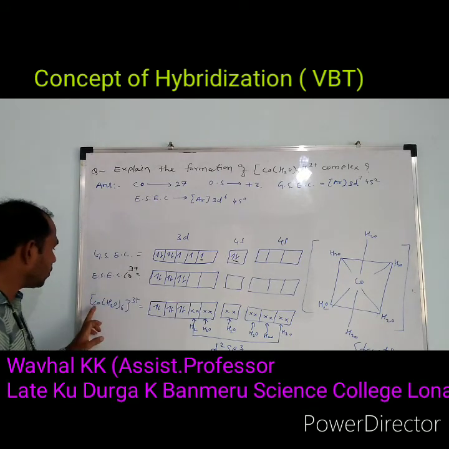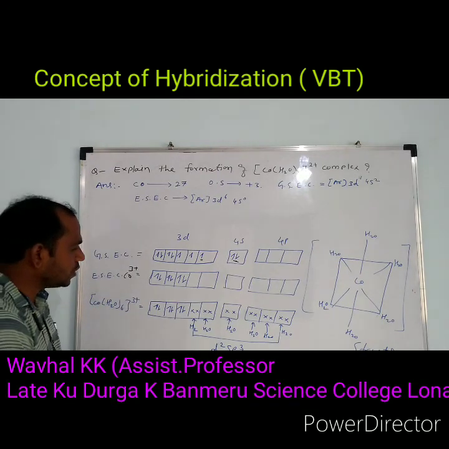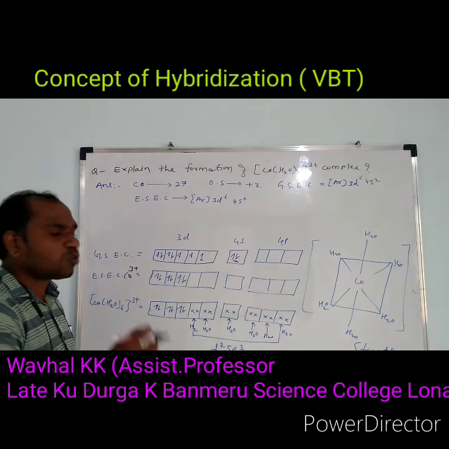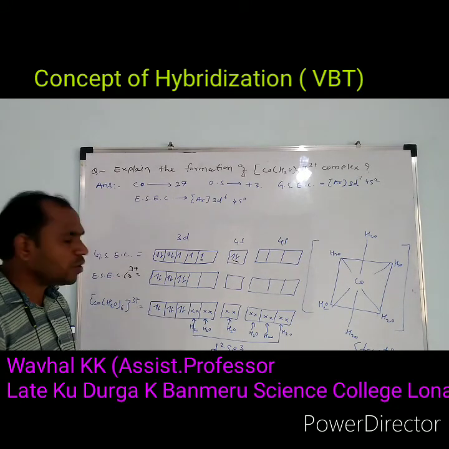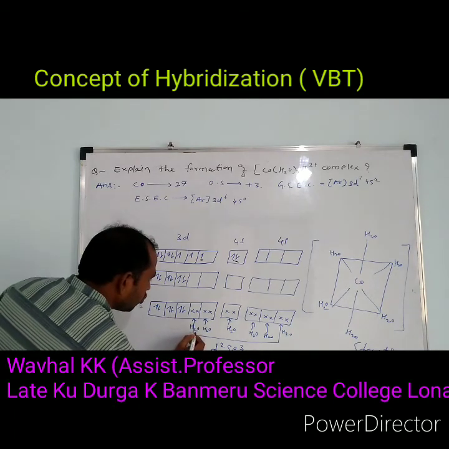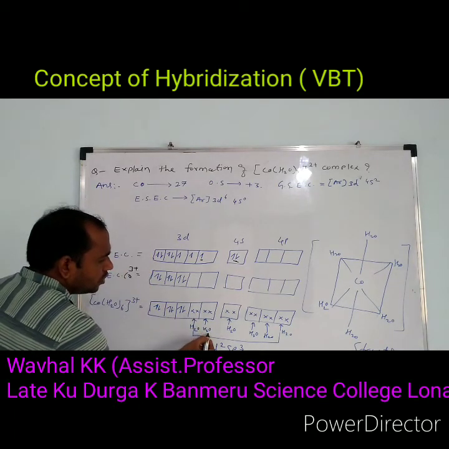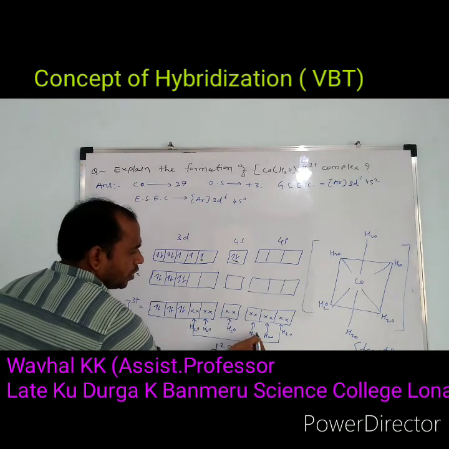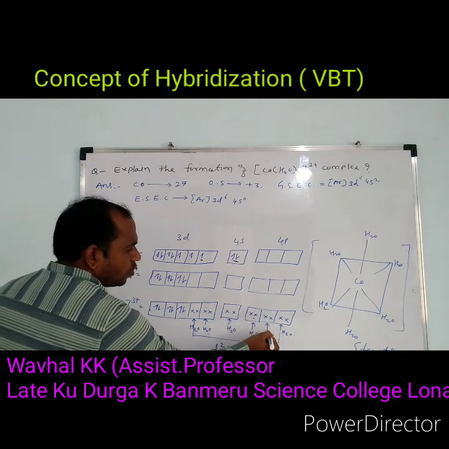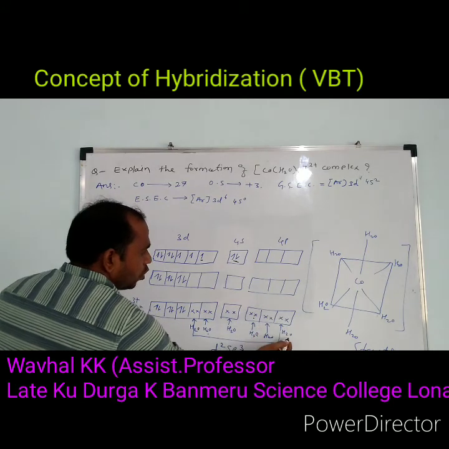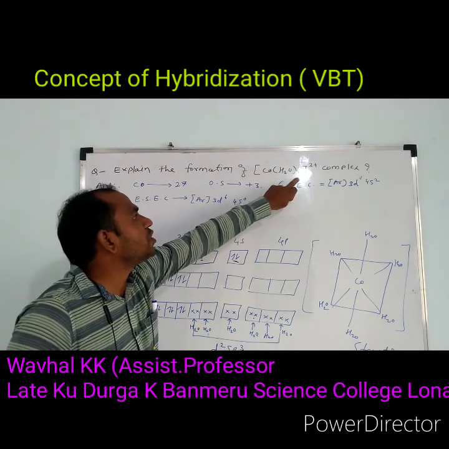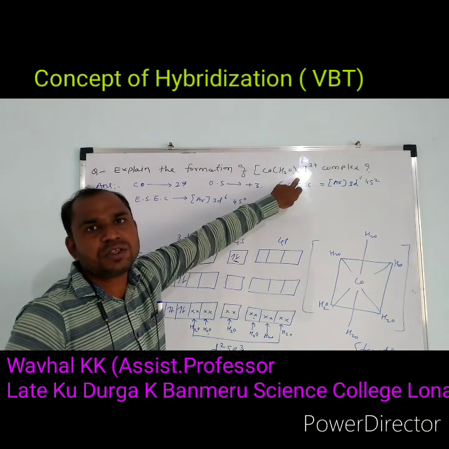In the formation of the [Co(H2O)6]3+ complex, the 6 H2O molecules donate lone pairs of electrons to the vacant orbitals for bond formation. This H2O molecule donates a lone pair, this one donates, this one donates, 1, 2, 3, 4, 5, 6 H2O molecules, because the coordination number is 6.